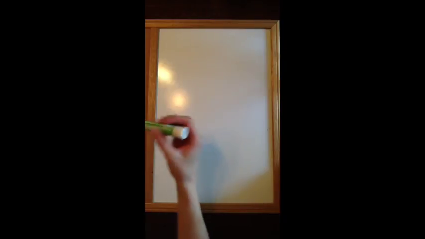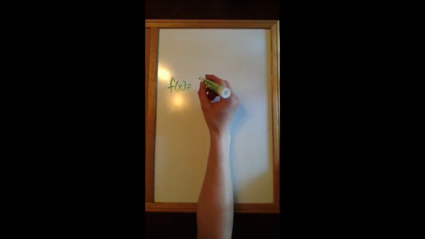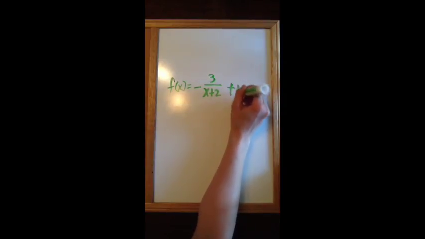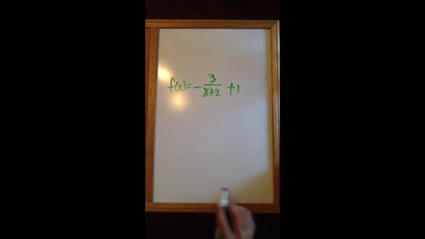Okay, if I give you f of x equals negative 3 over x plus 2 plus 1. Okay. So I'm going to start out by switching x and y.